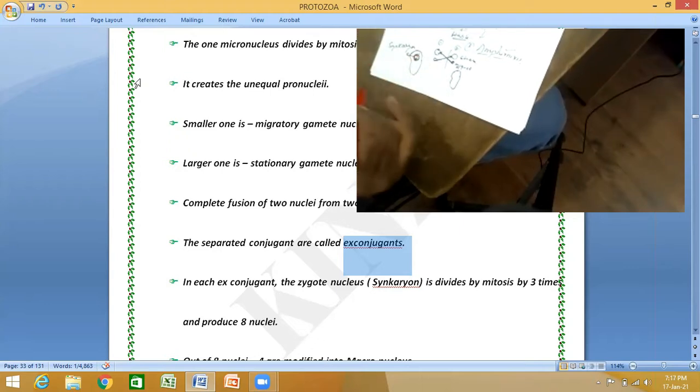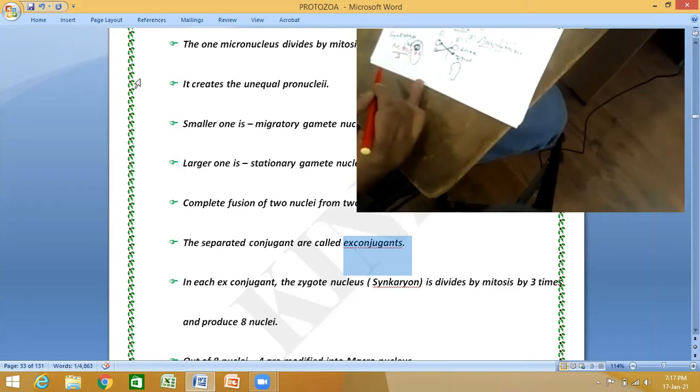How many times does it divide by mitosis? Three times. The first mitosis creates two nuclei, the second creates four nuclei, and the third creates eight nuclei. So totally eight micronuclei are created from the synkaryon.